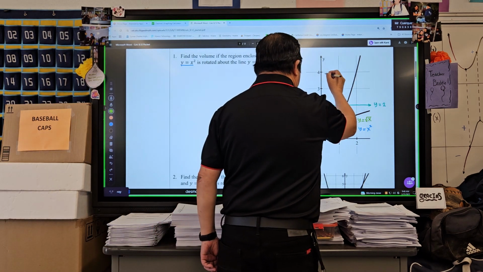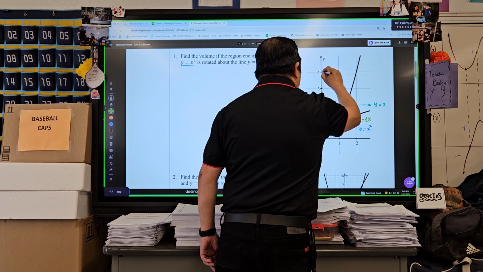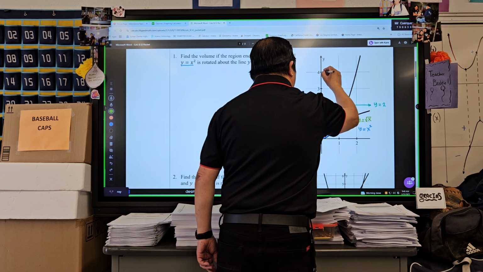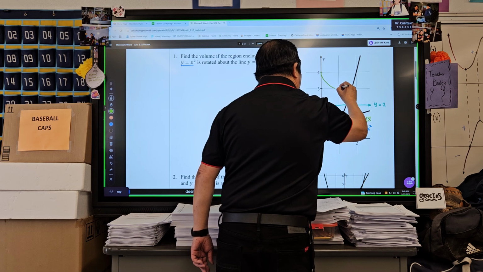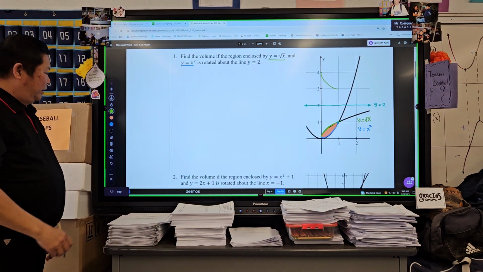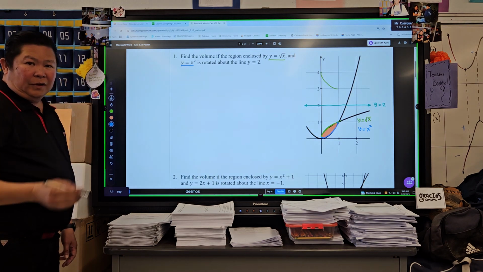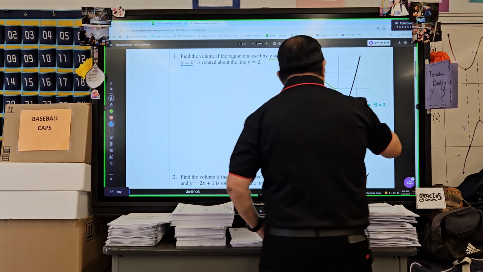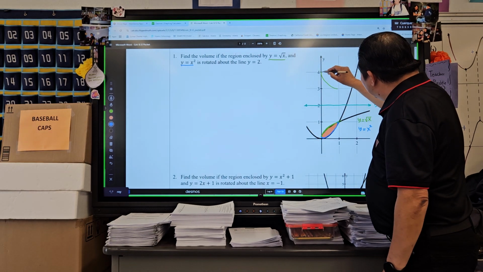Let's try to adjust. This slides all the time. Let's just have that. And the blue is on top if we revolve this one, right? So the blue is right here.